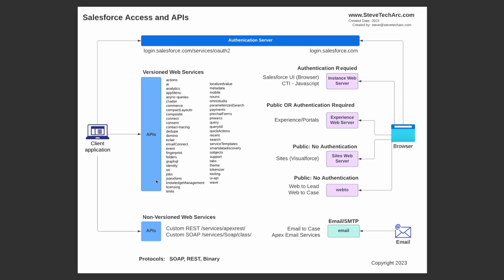So this is a roadmap for how, as an external actor, you would reach into Salesforce, pushing or pulling data. Here are the browser interactions on the right, and here would be the web services on the left. Both are utilizing the same authentication server, login.salesforce.com/services/oauth2.